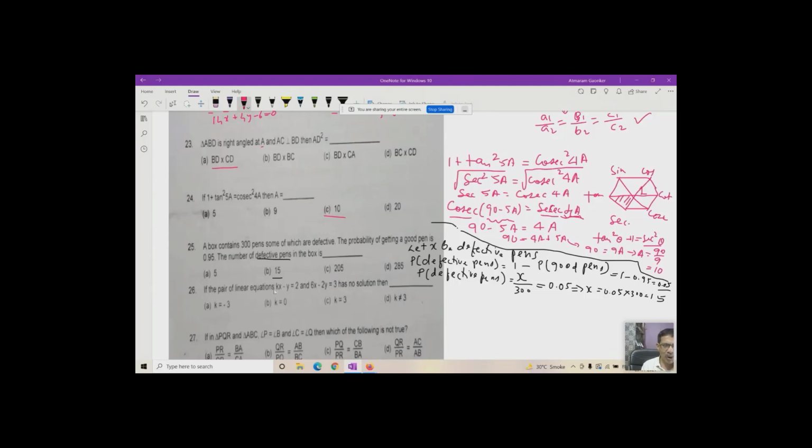So let me write first two ratios, that is k upon 6 is equal to, this is minus y, so minus 1 upon minus 2.